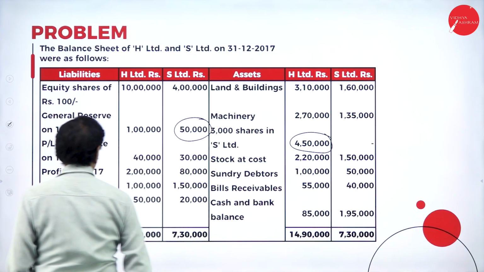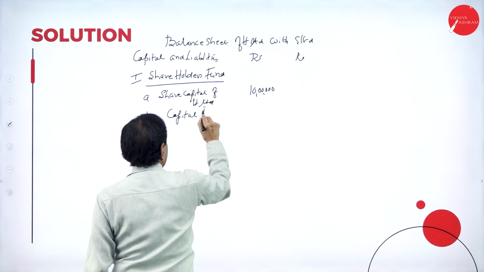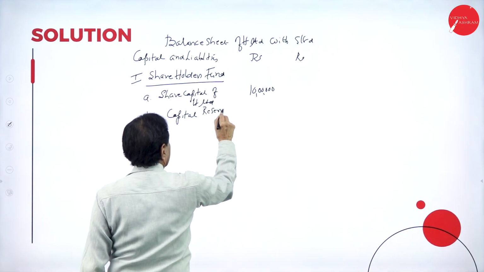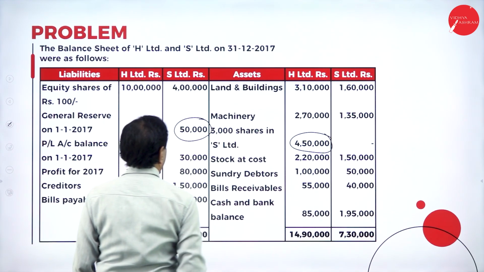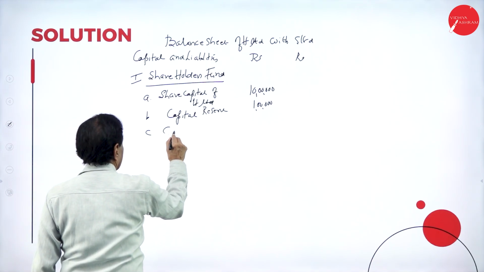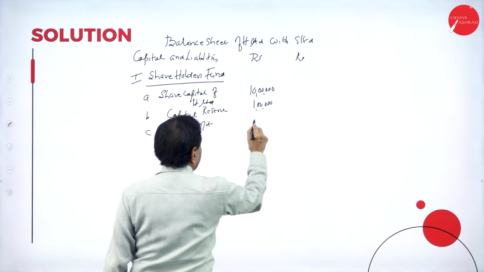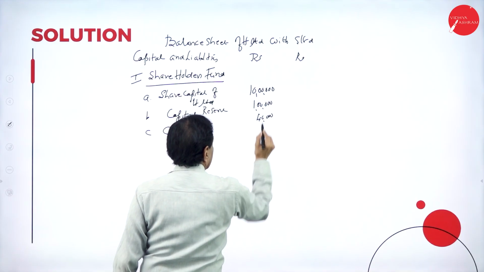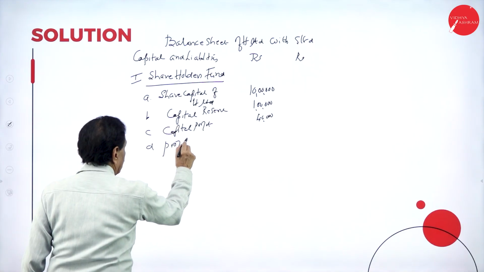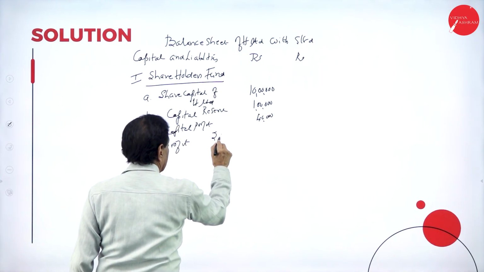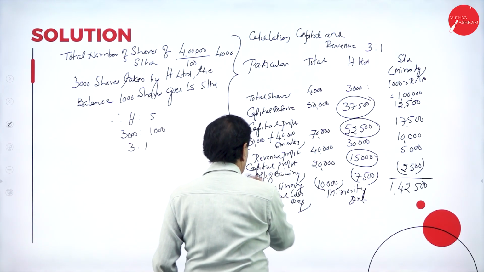Here capital reserve is 1 lakh. Capital reserve 1 lakh. Capital profit 40,000. Profit is 2 lakh. Add revenue, capital is 2 lakh.